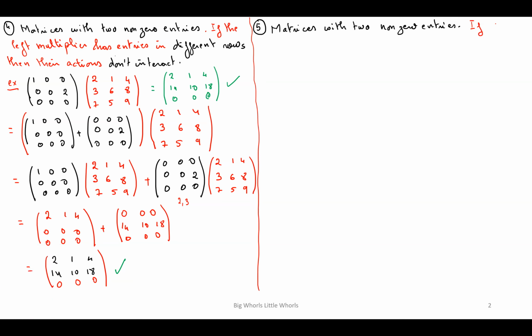If the left multiplier has entries in the same row, then that row of the result is a combination.